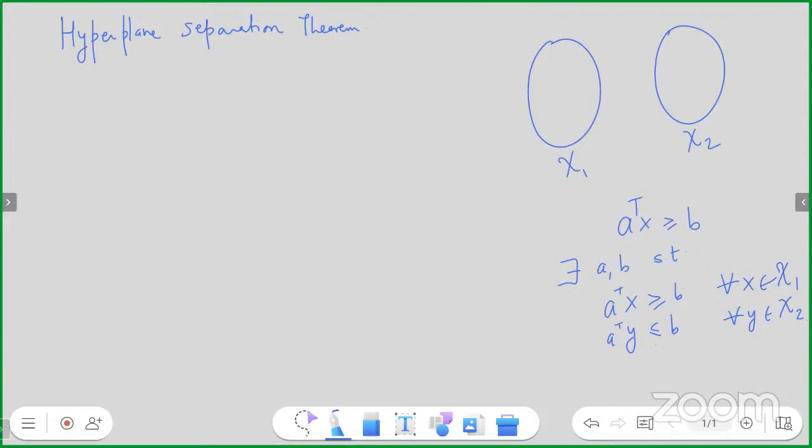Some limit has to be brought in, that gets closer but does not touch it.